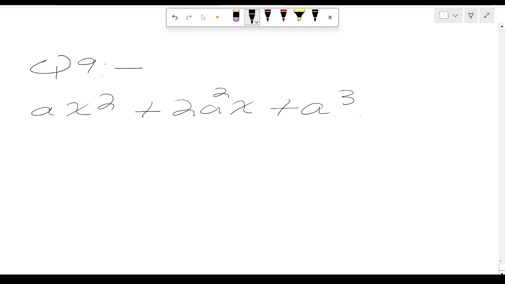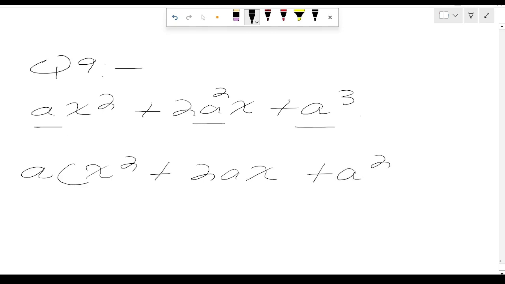Here we need to pick what is common. We have a here, a here, and a. This is a square and a cube, so I'll pick a as a common value. Then I can write x square plus 2ax plus a square.